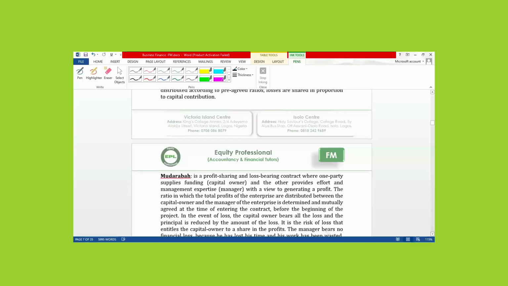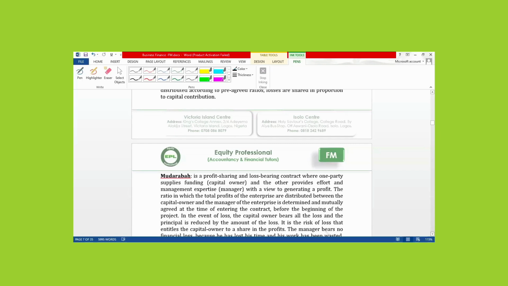Number two, Mudaraba finance. It's a profit sharing and loss bearing contract where one party supplies all the finance needed.